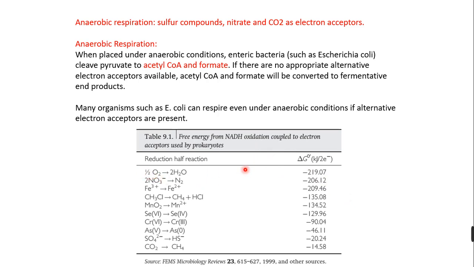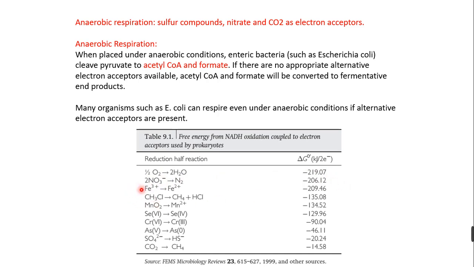The first one is oxygen, with minus 219 plus 0.07. This amount of free energy is liberated, so this is the highest in the world. That means animals respiring with oxygen liberate more energy when compared to any other organisms. And if it utilizes nitrate instead of oxygen, that is minus 206, the next level.